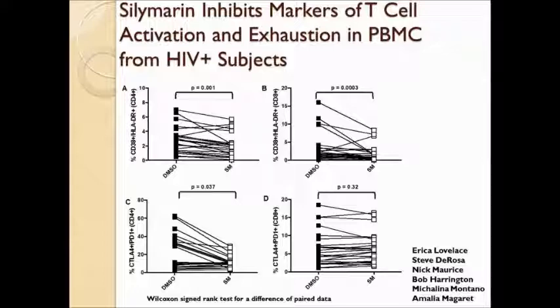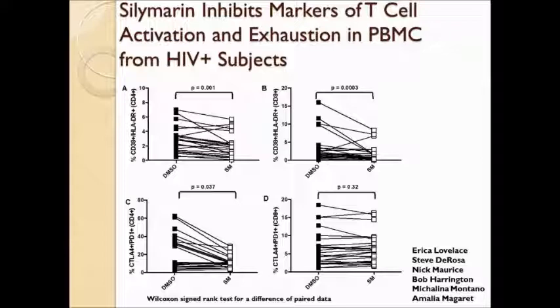And in addition to having this heightened inflammatory status of their immune cells, people with HIV also have T cells that look anergic and exhausted, and typical markers of those are CTLA4 and PD1. And so Erica also measured the expression of these markers on CD4 and CD8 T cells, and she noticed that silymarin could suppress the inflammation in the context of HIV infection.